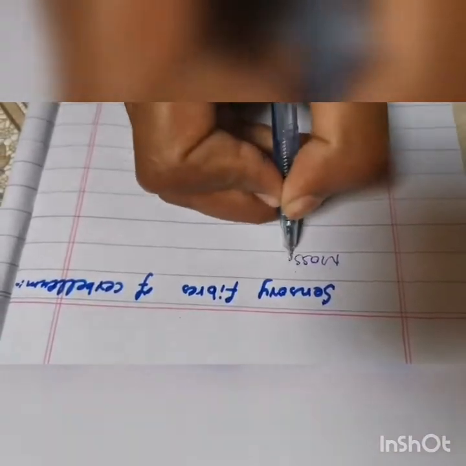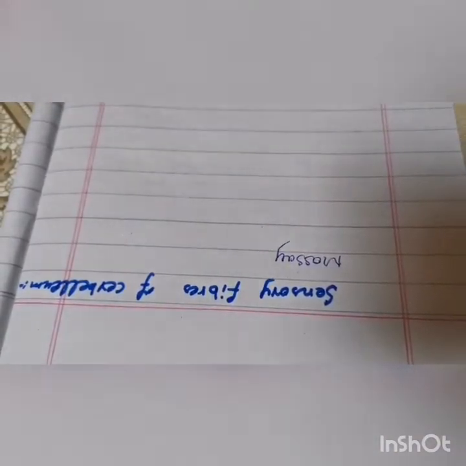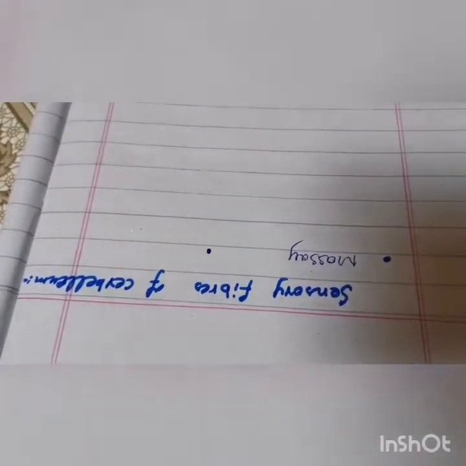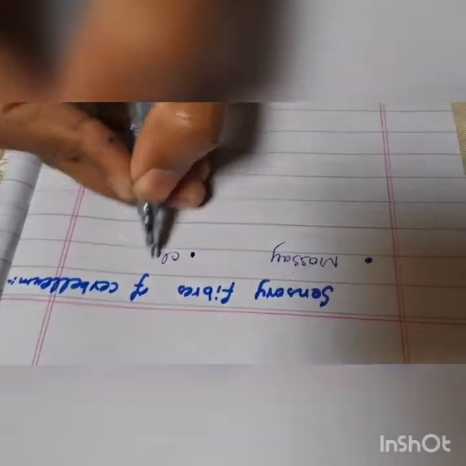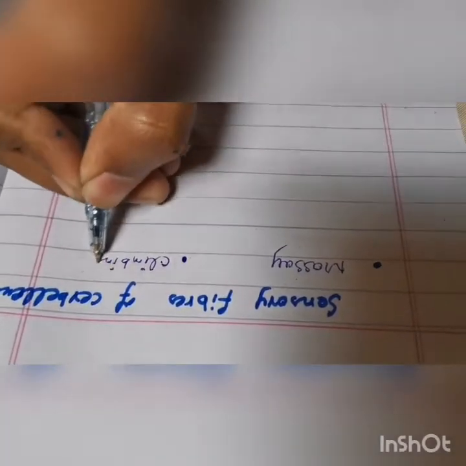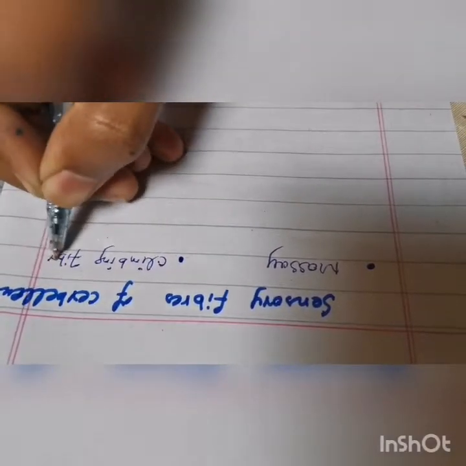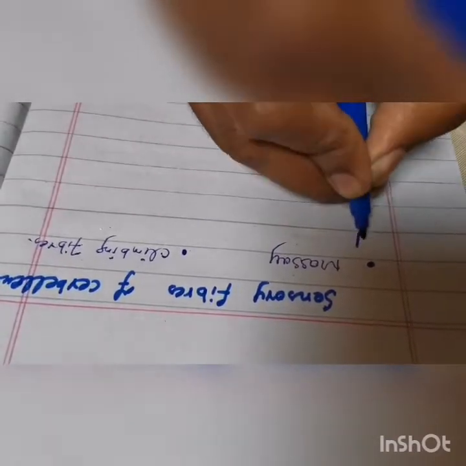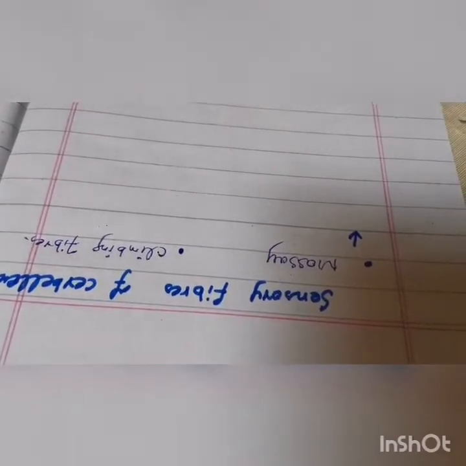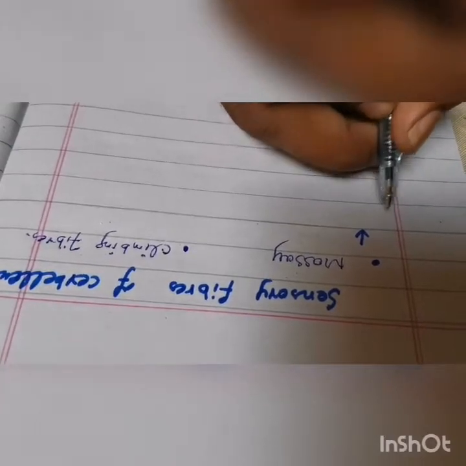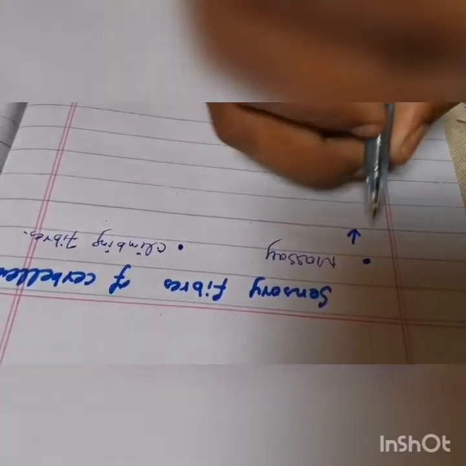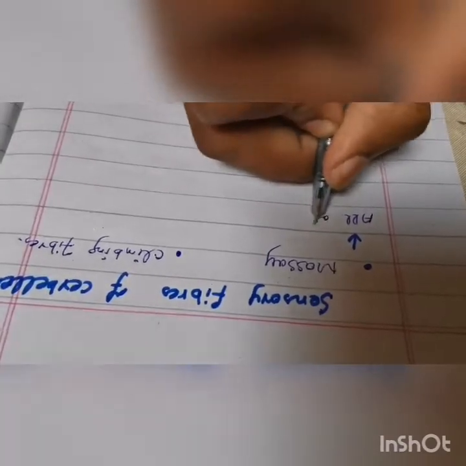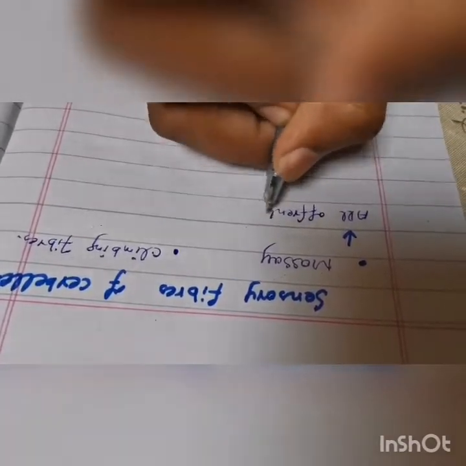First is mossy fiber, and the second is climbing fiber. All afferent fibers except inferior olivary fiber are from mossy fibers.